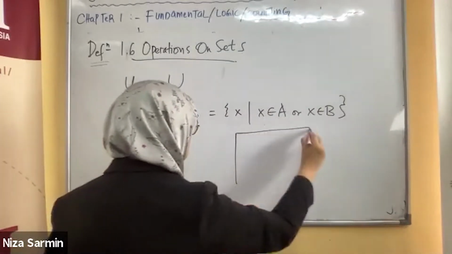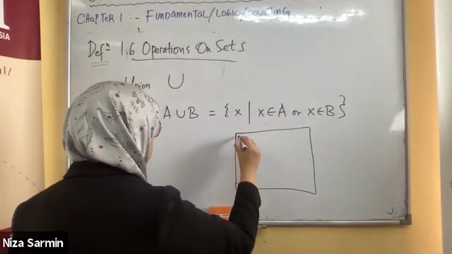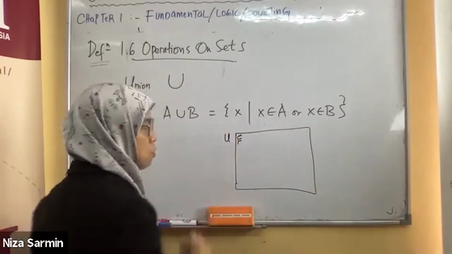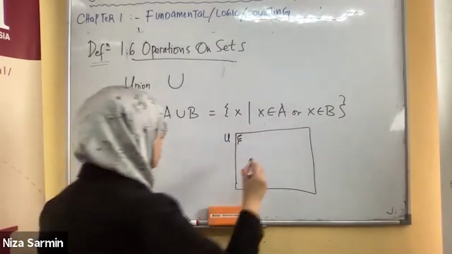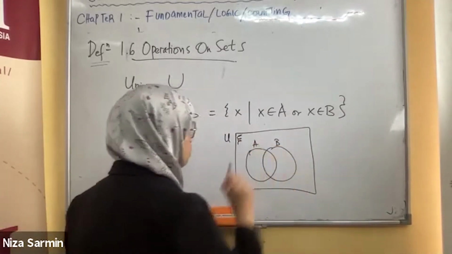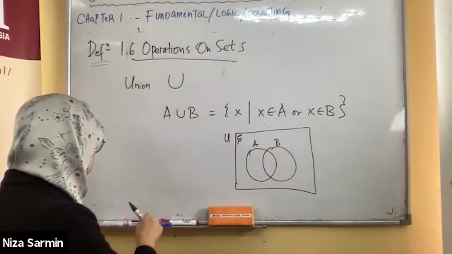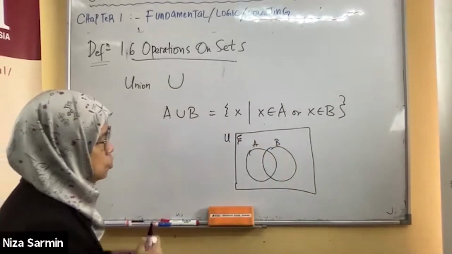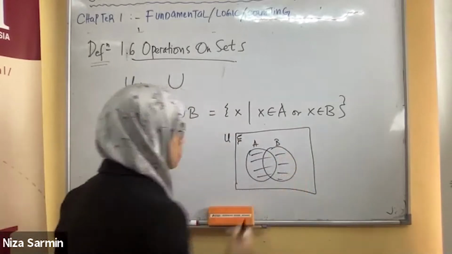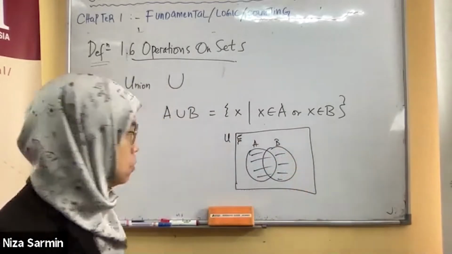You remember we learned about this Venn diagram, where you put something like this, or some use a universal set for the whole set. And then you have A here, you have B here, right? And then you shade A union B like this, right? So it's the union of these two.